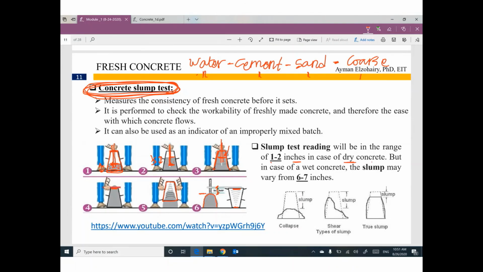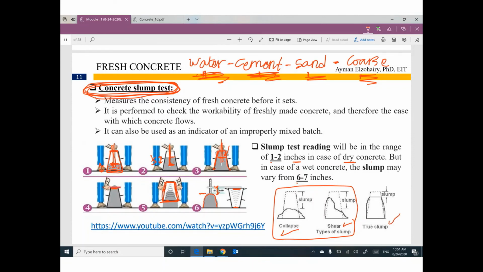The normal range, this difference in height, will be between 6 and 7 inch. But remember, if you remove the steel cone and you find this shape or this shape, you have something wrong in the concrete mix. One component is too much.